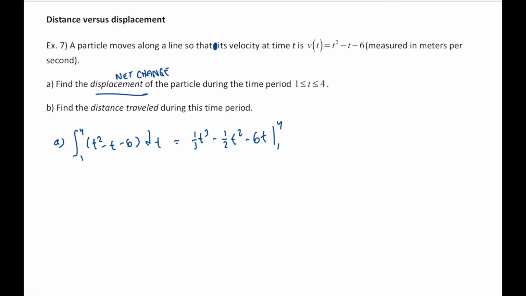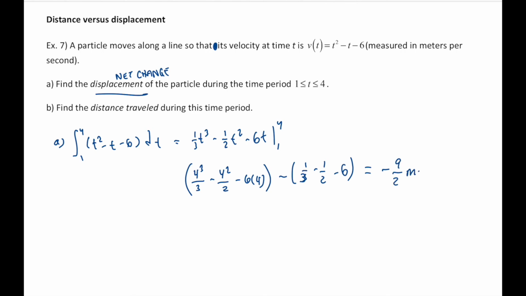So we plug in 4: 4 cubed over 3 minus 4 squared over 2 minus 6 times 4. We subtract 1/3 minus 1/2 minus 6, that's when I plugged in 1 everywhere. Now we can plop that in a calculator, and that gets us -9/2.